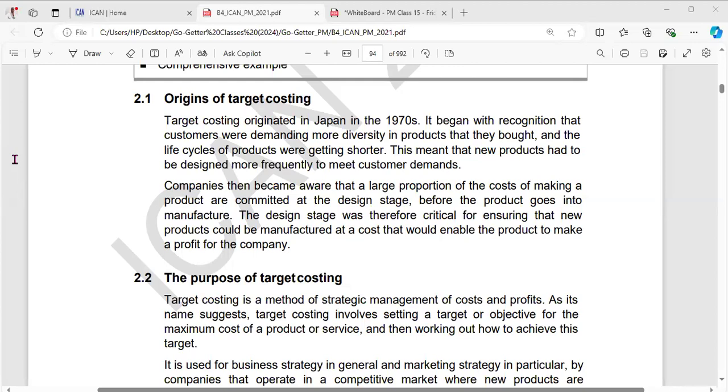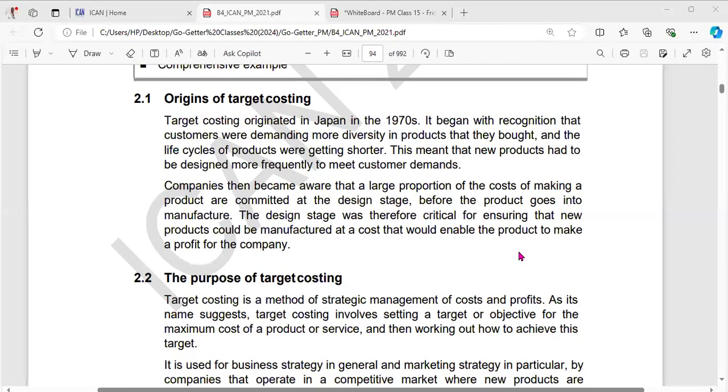Then the companies making this are becoming aware that a large portion of the cost of making a product is spent at the design stage, so the stage before the product goes into manufacture. And so the design stage is the critical factor for ensuring that new products are manufactured in such a way that they will be affordable by the consumer, and the company making the product is able to make a profit.